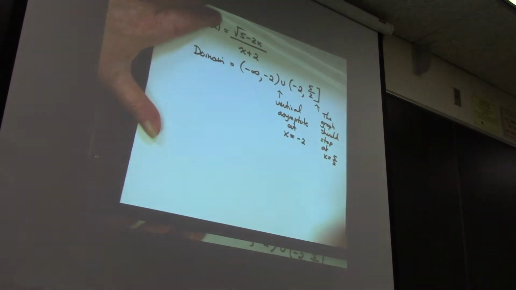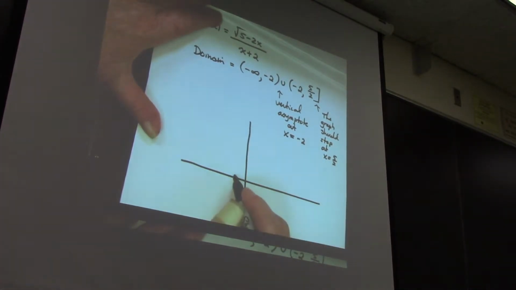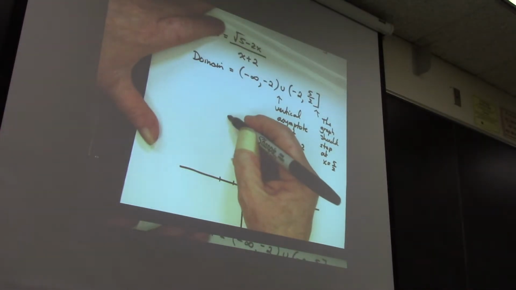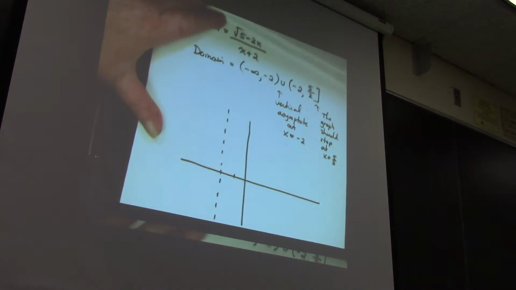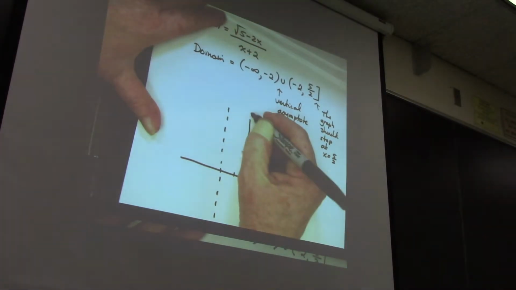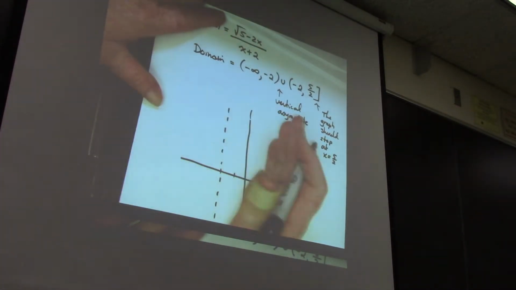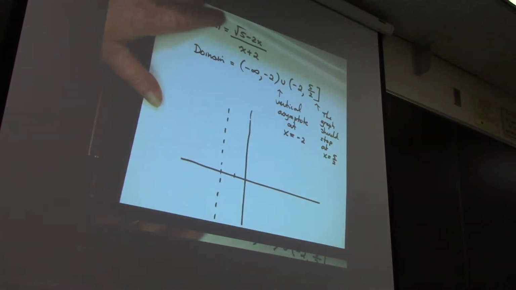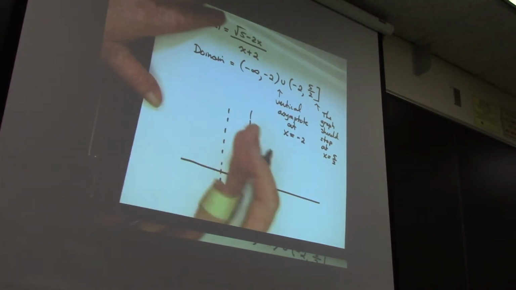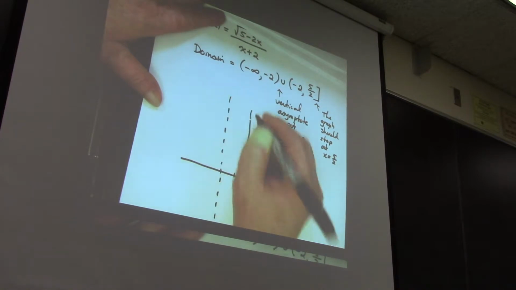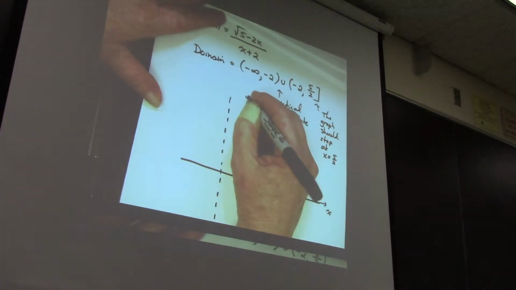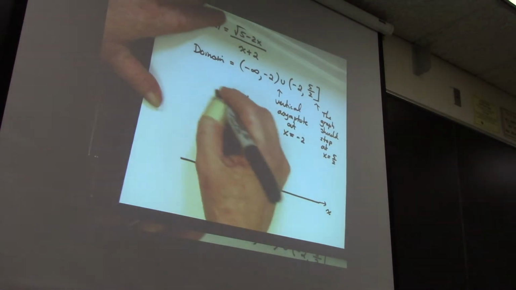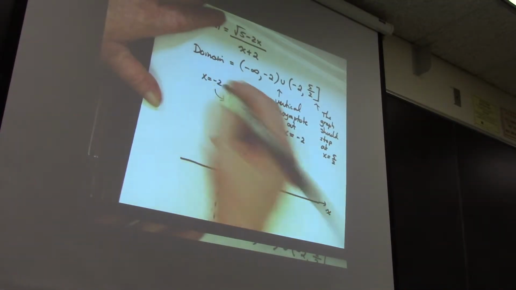So, I'm going to have the calculator graph it, but I know that the graph is going to have a vertical asymptote at x equals -2. -2 is not in the domain of the function. Nothing going on at x equals -2. I'll just label, so x equals -2.